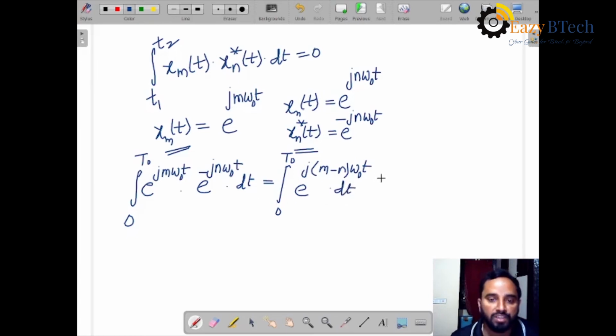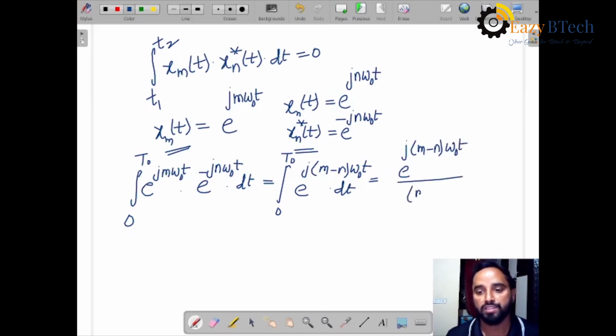If you perform this integration of e power ax, we get e to the power j m minus n omega naught t divided by j m minus n omega naught, because we are doing integration with respect to t. The limits are 0 to t naught.